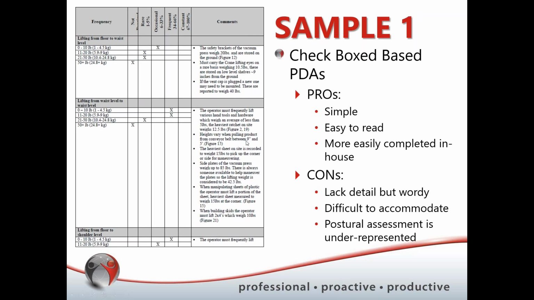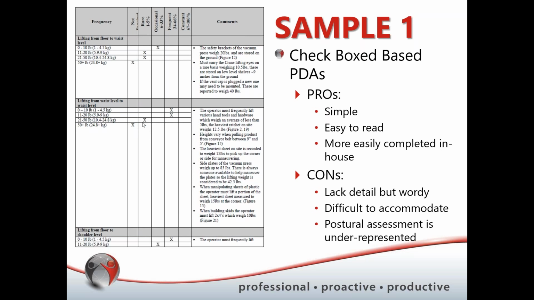Is that you either get great detail, but you have to sift through it all, or you get no detail at all, and the comments aren't filled out hardly at all, and then it really does no good to you, because when you start to look and say, okay, this person can't lift more than 20 pounds. All right, well, it shows here in the lifting from waist level to shoulder level, excuse me, there's 21 to 50 pound lifts that occur rarely, and there's greater than 50 pound lifts are not required.